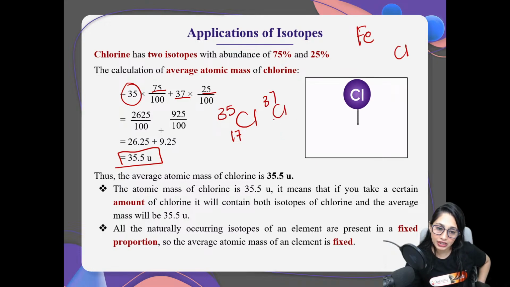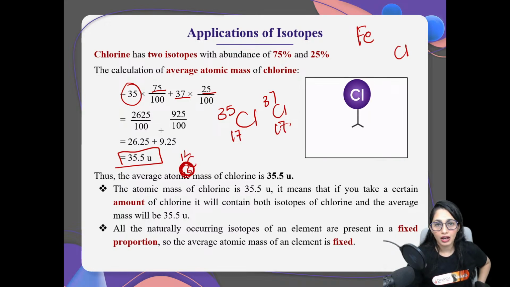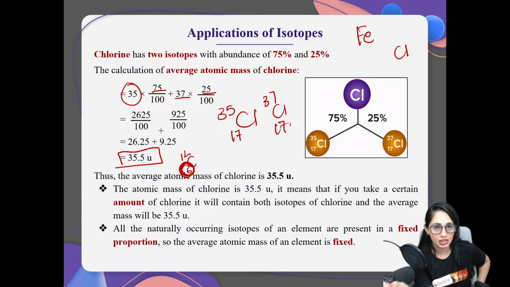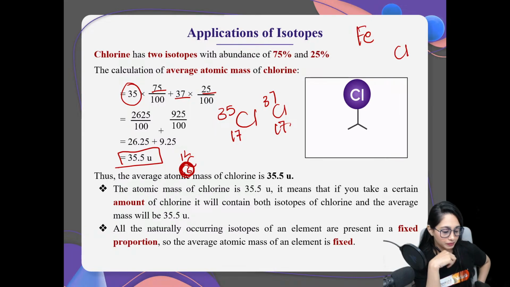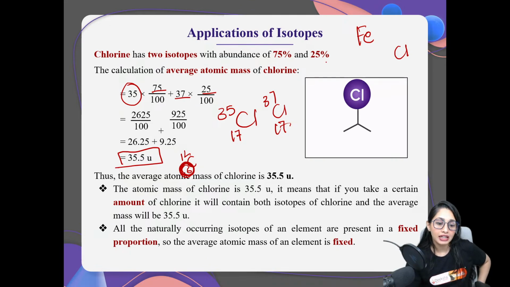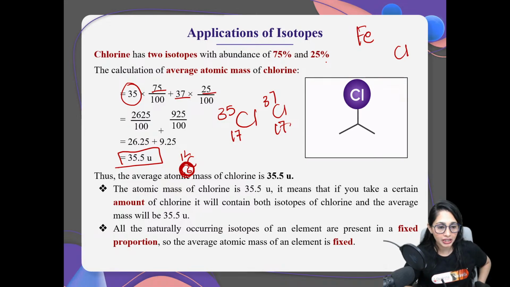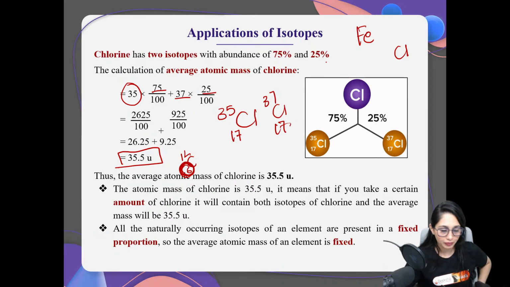It can be 37, 35, even for carbon 12. But here, the atomic number is always going to be the same. The number of protons never changes for an element. So these are atoms of the same element having different atomic mass, not different atomic number. Same atomic number, different mass number.